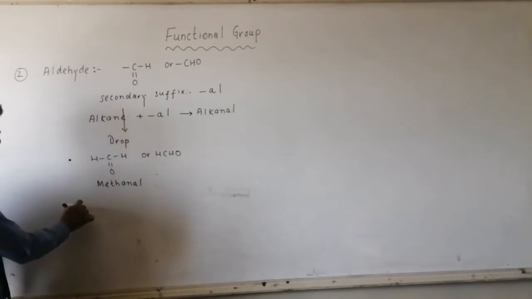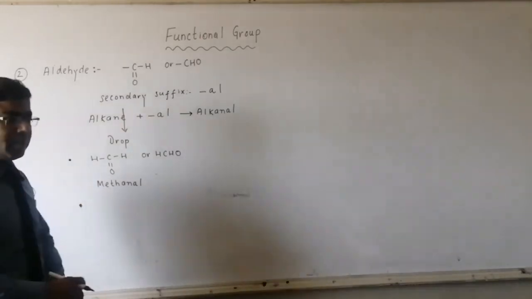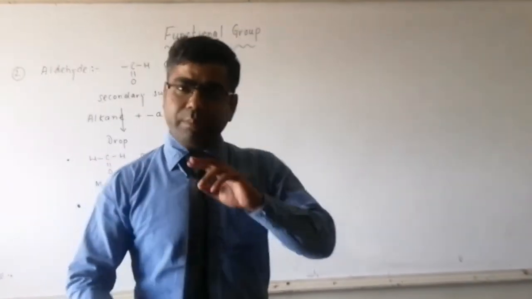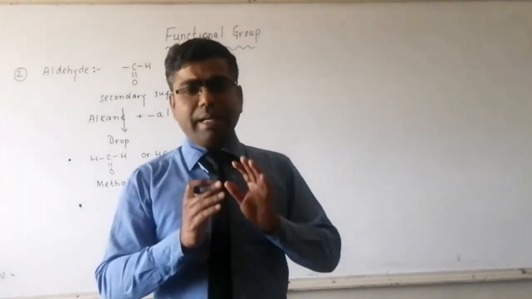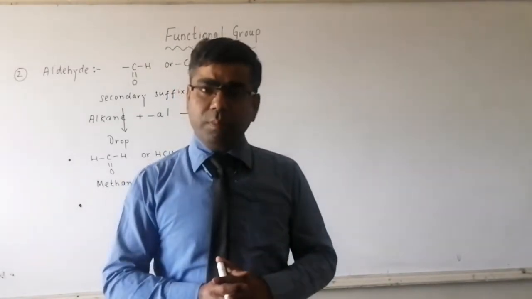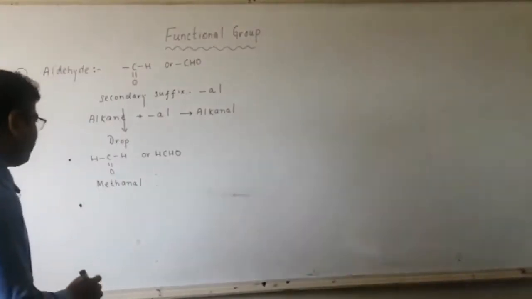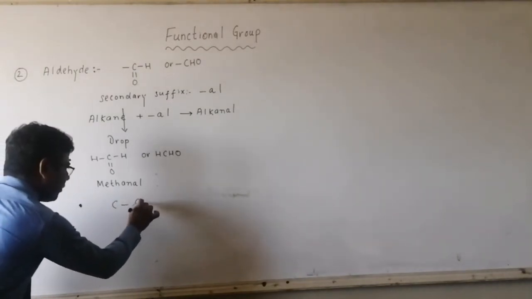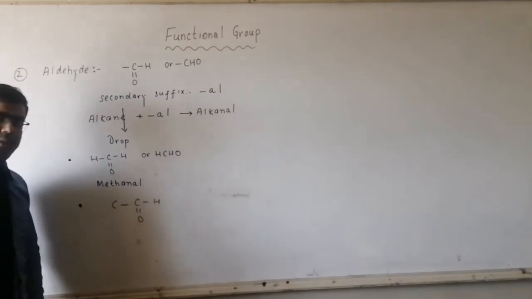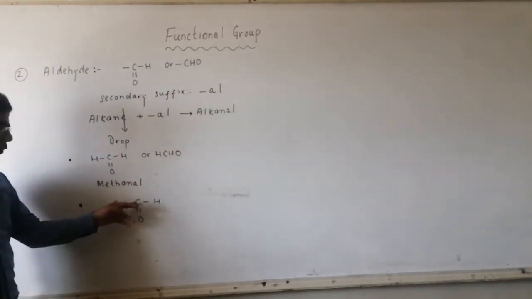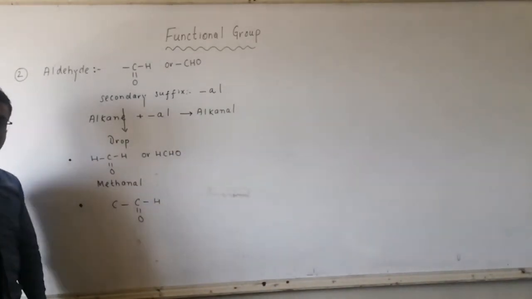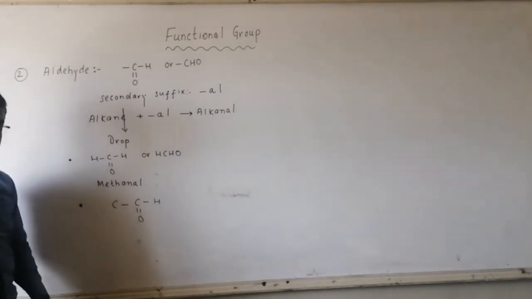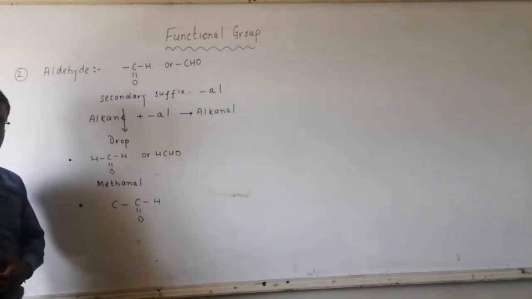Now, the next member will have two carbon atoms. One carbon is already there in the CHO group. So we have to attach one more carbon to the carbon of the CHO group. Now the valency of the carbon of CHO is satisfied. Here, the new carbon is forming only one bond.